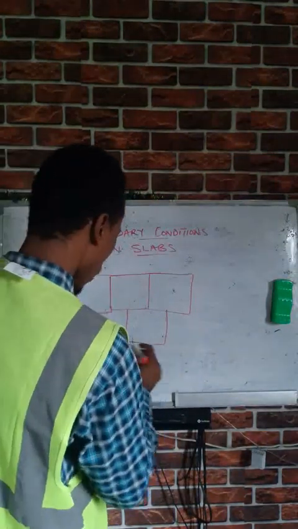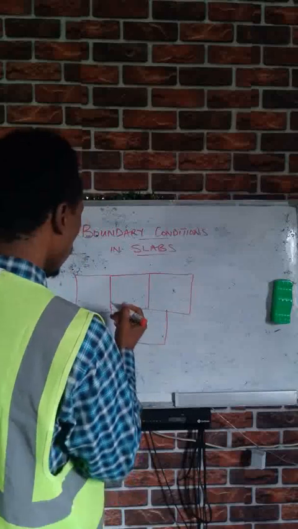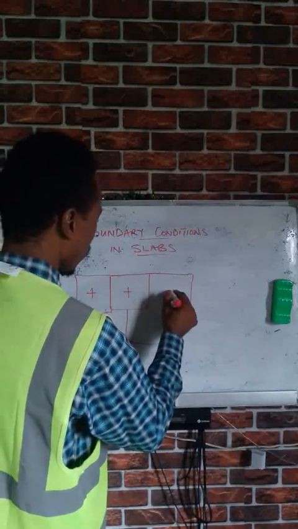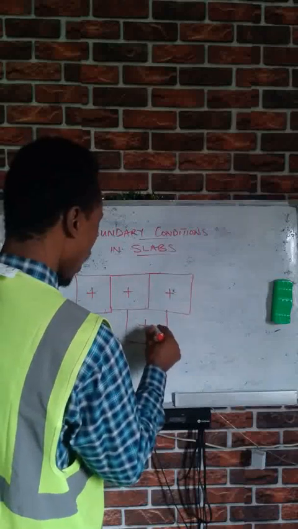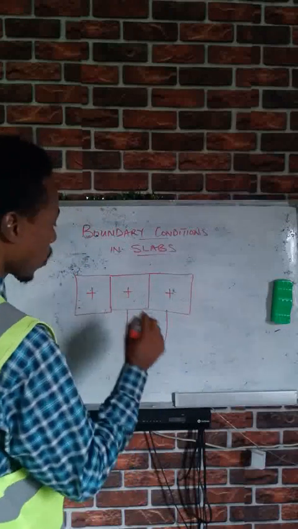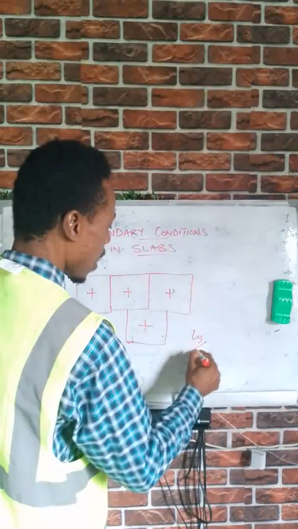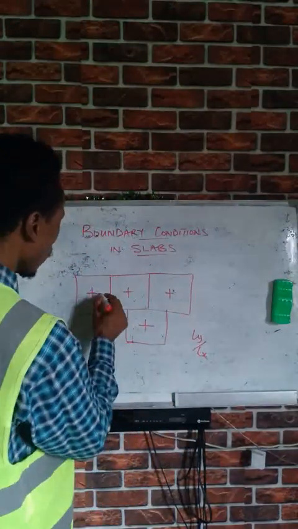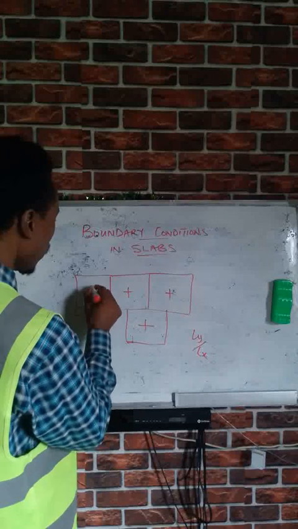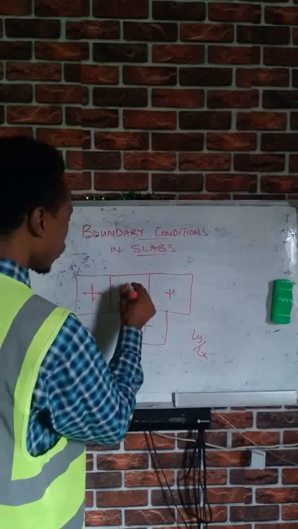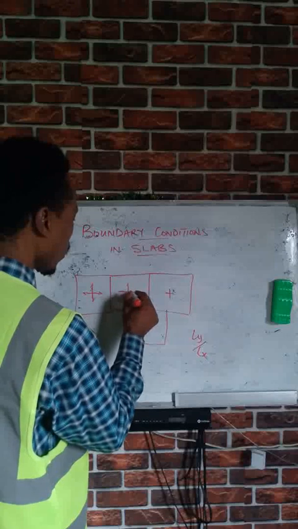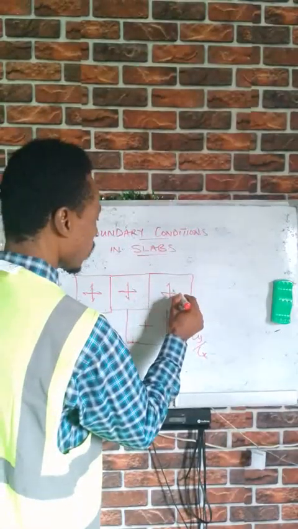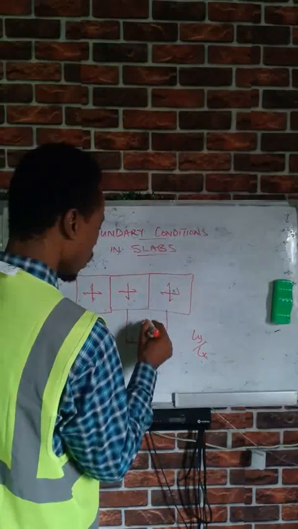Let's assume they are all two-way spanning slabs based on their Ly/Lx ratio. When you have this symbol in your slab, it is an indication that it is a two-way spanning slab, so you take note of it.